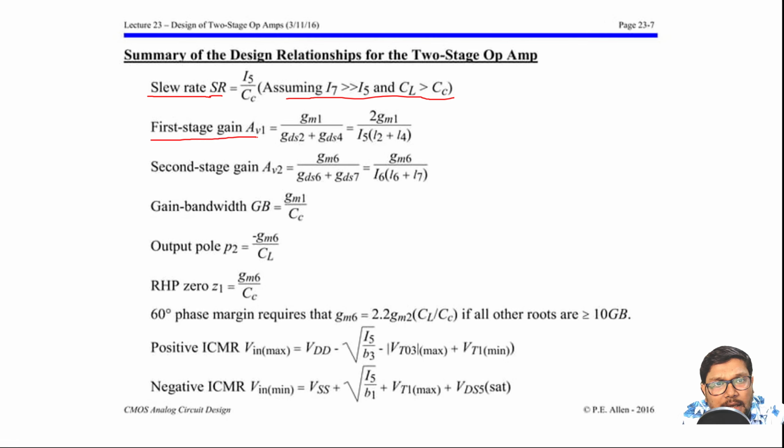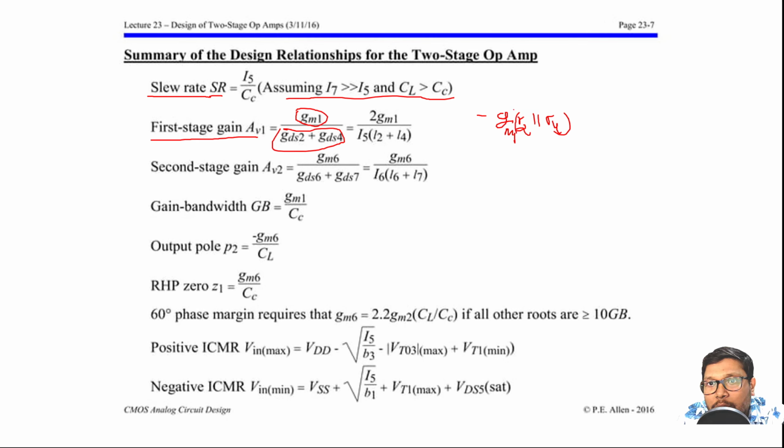So first is gain, AV1 will be GM1 driver and the resistance. So GDS, we can say, okay, this formula you can see that minus GM1 into R0 R2 parallel R4.